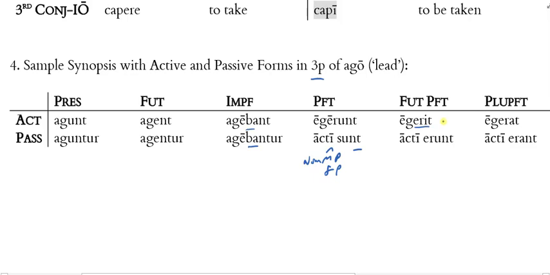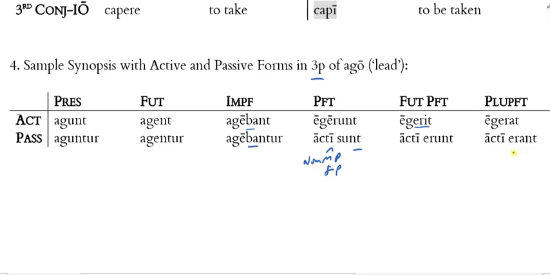So they will have led, egerint, and acti erunt. Here we're using the future of sum. They will have been led, and then finally egerant. So they had led, active, and then they will have been led, pluperfect passive, acti erant.